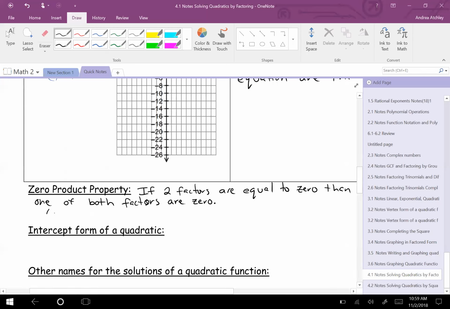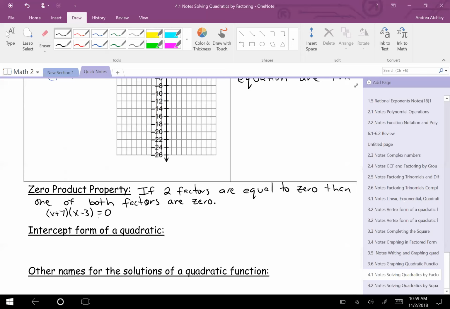So we have something like this: x plus 7 times x minus 3 equals 0. X plus 7 is a factor, x minus 3 is a factor. What it's saying is that one of these factors has to be equal to 0 in order for it to be equal to 0, because 0 times a number is going to be 0. Any questions over that?